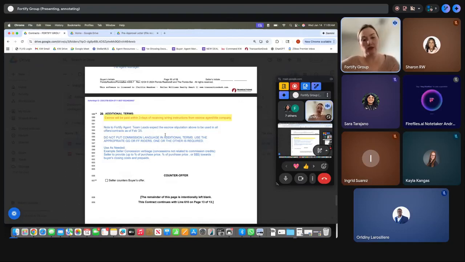And then on the flip side too, you're going to come across scenarios where the lenders will be picky. So you might send me a contract and I'll say, hey, this needs to be on an addendum or a separate document, because the lender's not going to accept that. So just keep in mind that there's lots of moving parts, and that's, again, what we're here for.